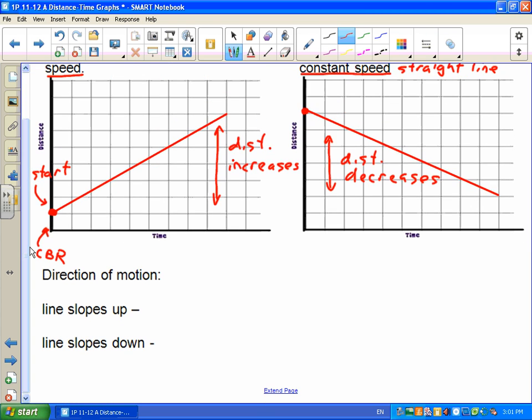So whether this line goes up or down tells you what direction the person is moving in. If the line slopes up, that means the person is moving away from the CBR. And if the line slopes down, what does that tell us? How are they moving relative to the CBR?